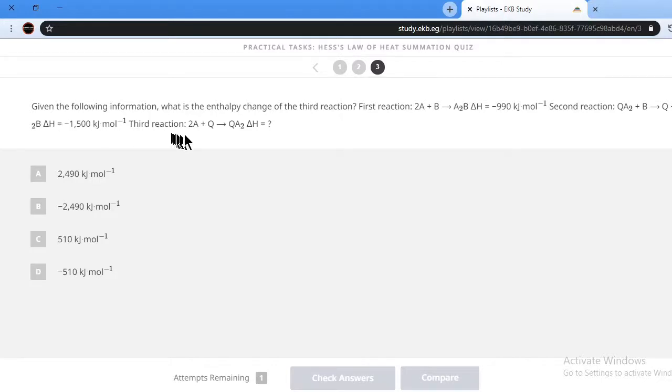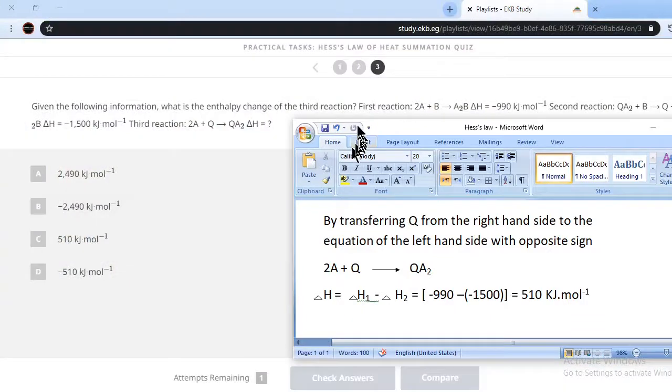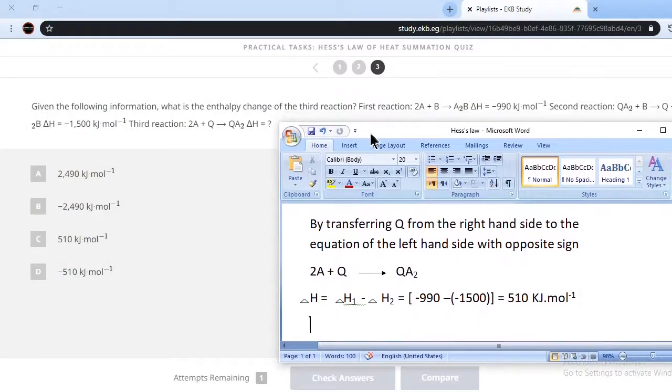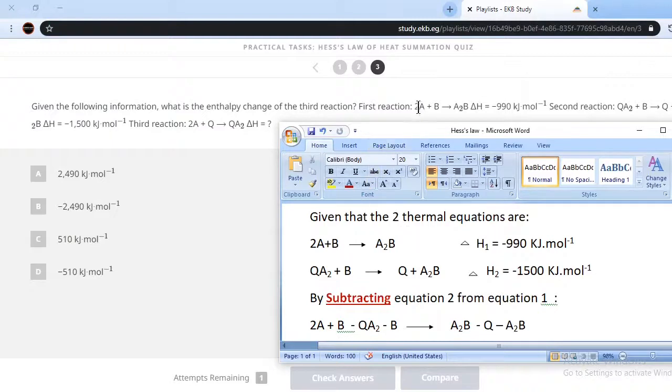Third reaction: 2A plus Q gives QA2. So what is the delta H? First, I will write the two equations. I have the first thermochemical equation, 2A plus B gives A2B, with delta H minus 990 kJ per mole.